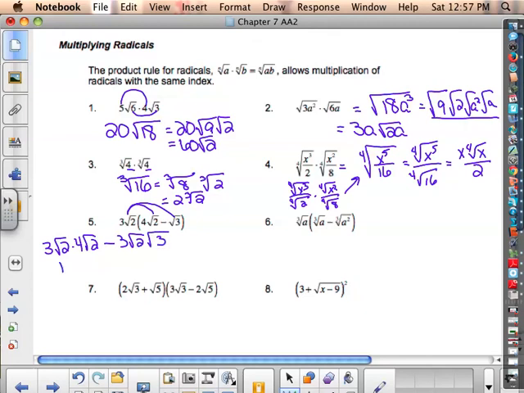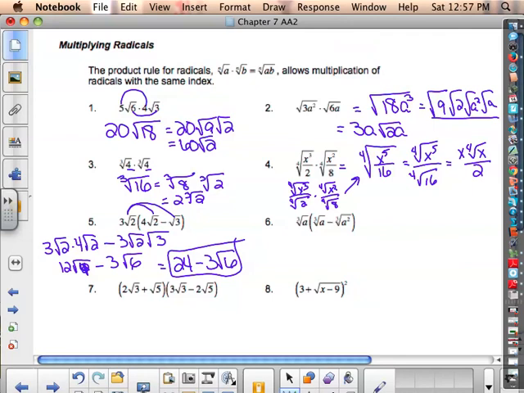So that's going to give me 12 root 2 minus 3 root 6, not root 2, I'm sorry, that's root 4. The square root of 4 is 2. That's going to give me 24 minus 3 root 6. Remember to multiply those radicands together.